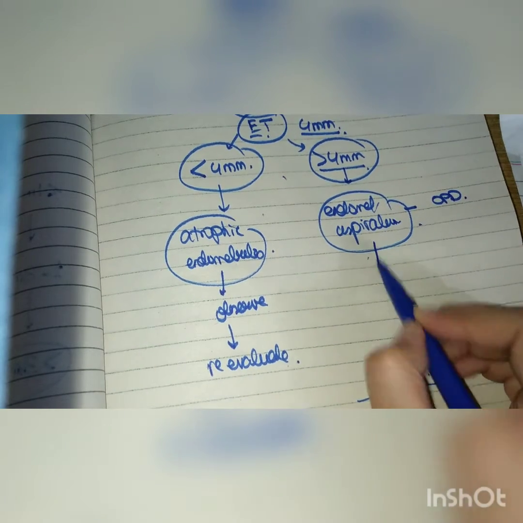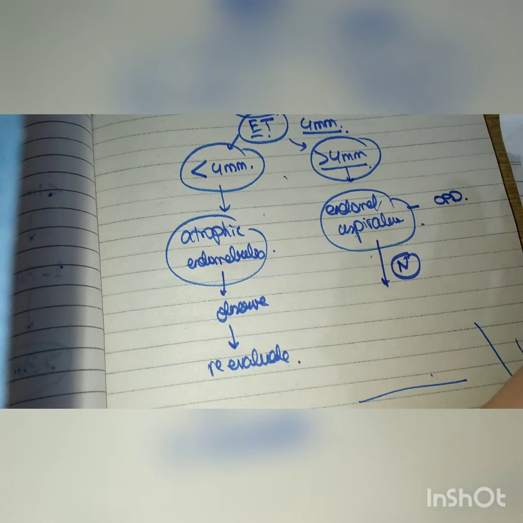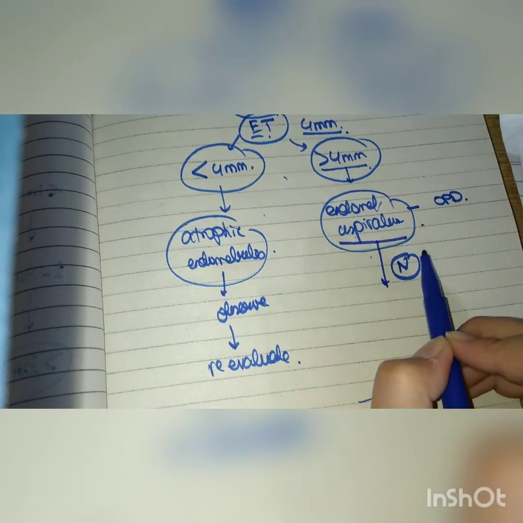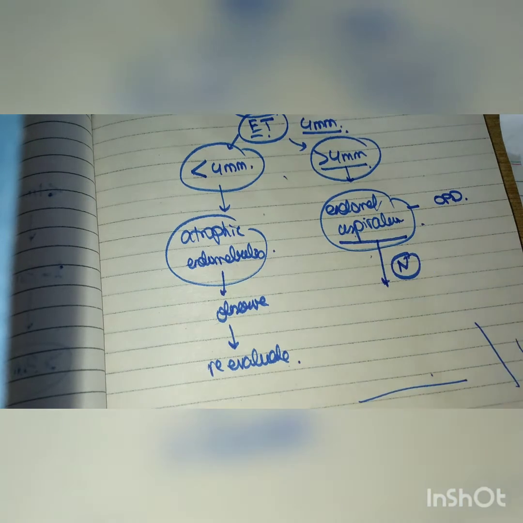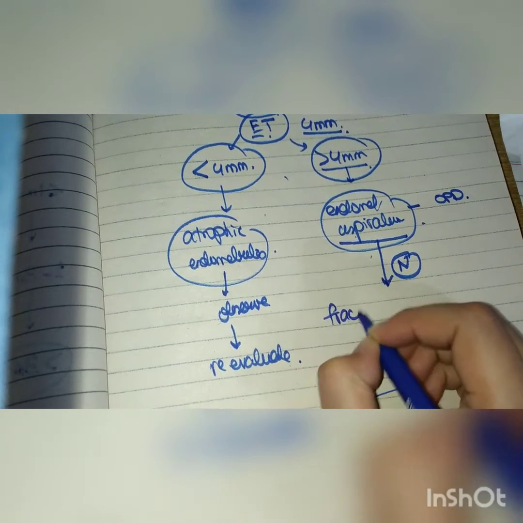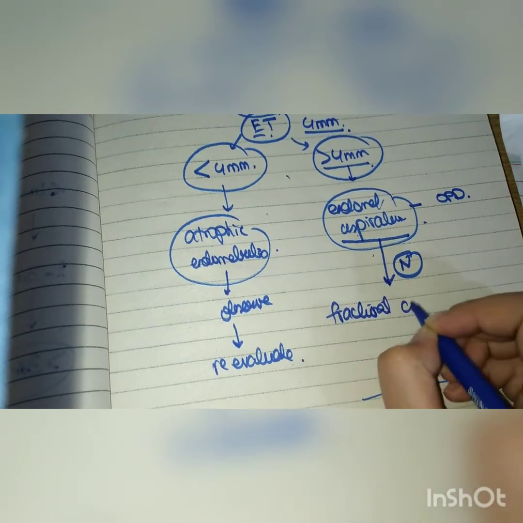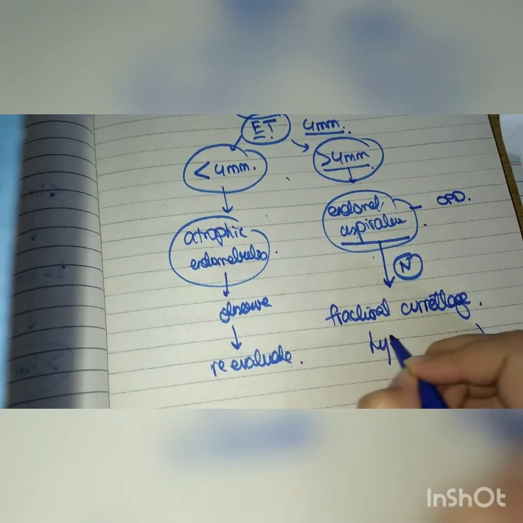Now, endometrial aspiration is not very sensitive. If the sample we took is normal and the patient still continues to bleed, now what are we going to do? We are going to do fractional curettage, preferably with a hysteroscope.